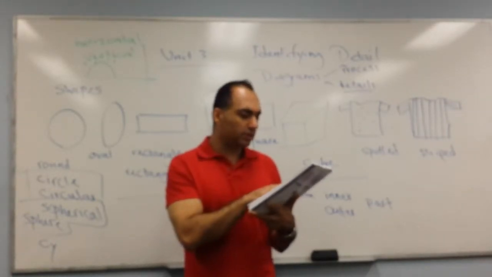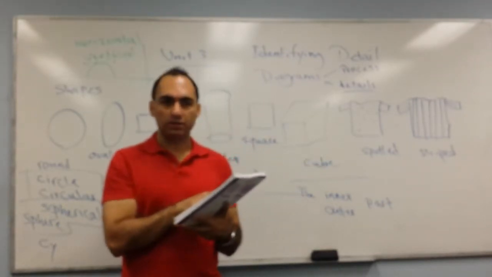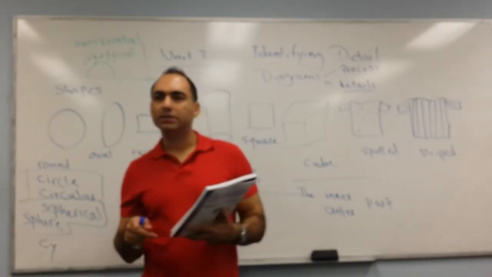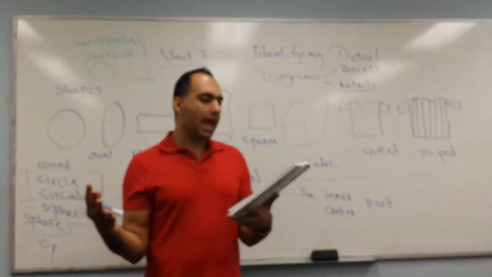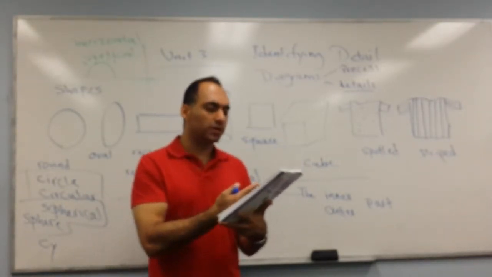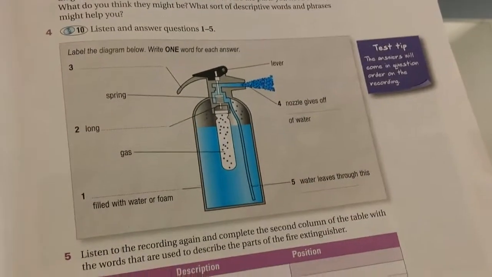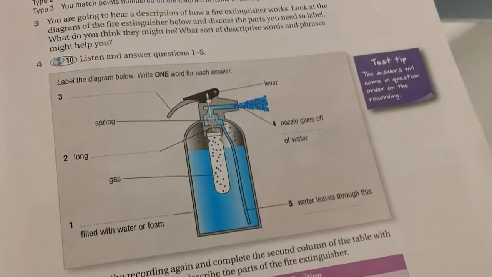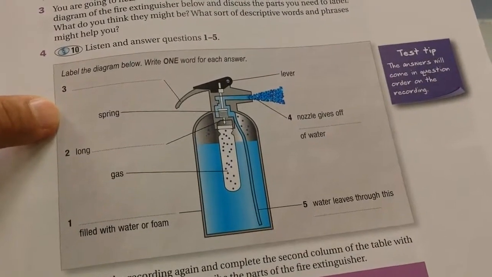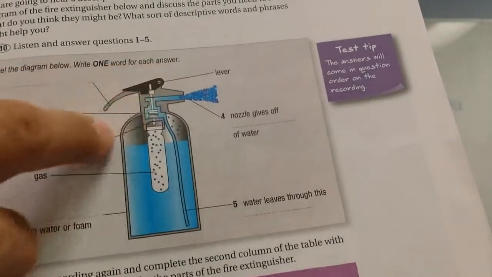Next, you see these words, you should guess. Number 2, oh, look at it. It could be a rod, because you already have the word spring. So is this a rod? Is this a pin? What is it? And then you already have lever. Number 3 could be a handle. What is that going to be? Then you come here, there's a lever.